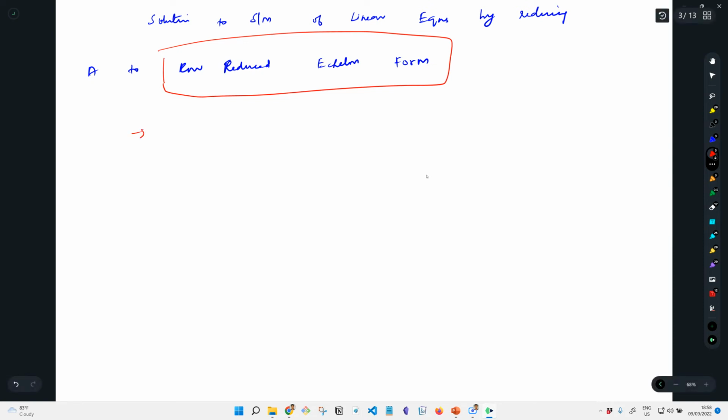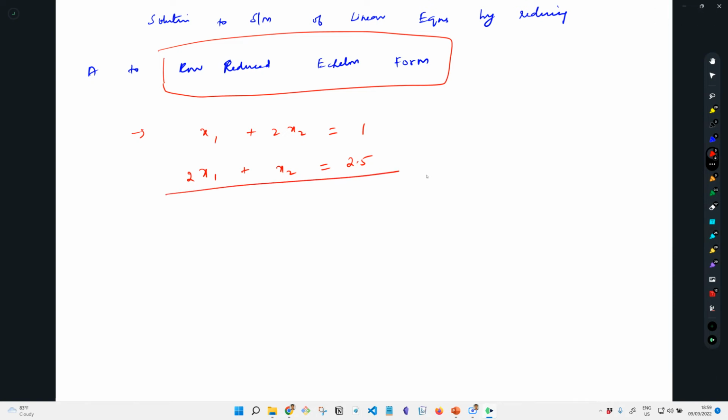Let me give you some simple system. Let's say x1 plus 2x2 equals 1, and 2x1 plus x2 equals 2.5. Can somebody solve the system using the traditional way? First thing, what you will do?